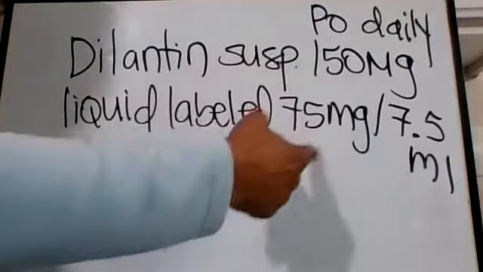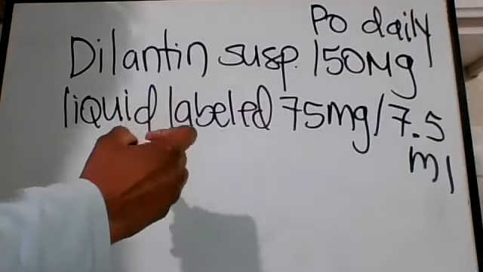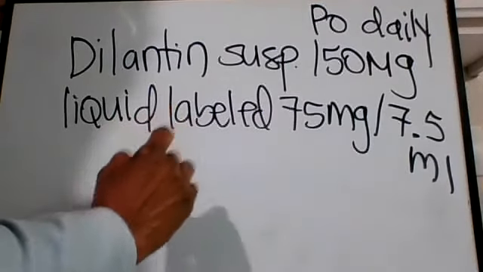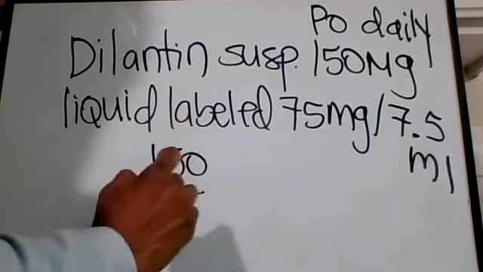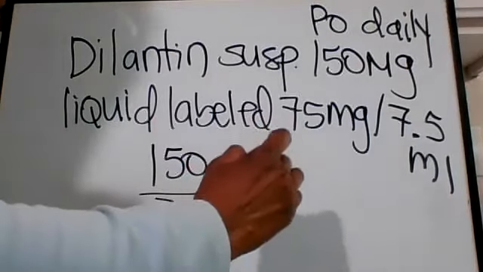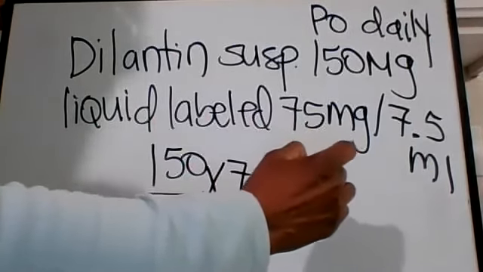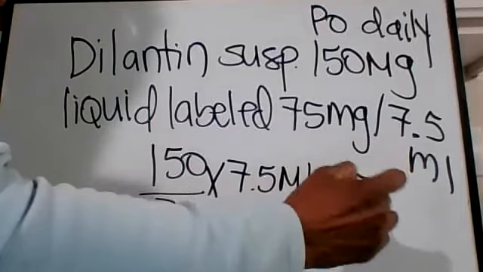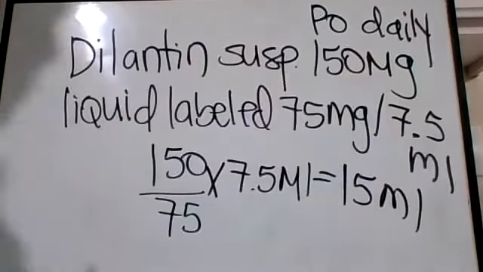So we don't have to convert, the metrics are the same. So this one should be fairly easy. So it's 150 divided by 75 times 7.5 milliliters. And that gives us 15 milliliters. That's the answer.